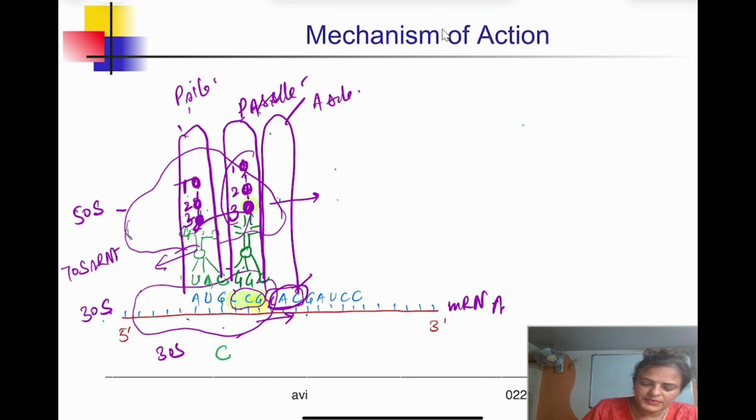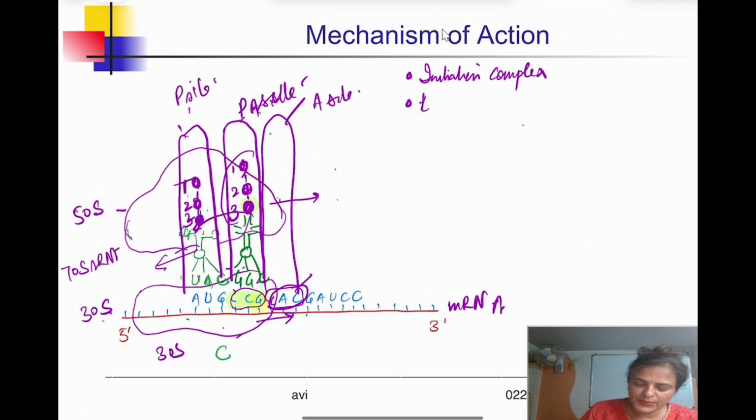So what are the steps? Initially, there will be an initiation complex formed, where the messenger RNA, ribosomal RNA and transfer RNA, on which the previous peptide chain is attached, all come together. Then number 2, there will be attachment of transfer RNA.